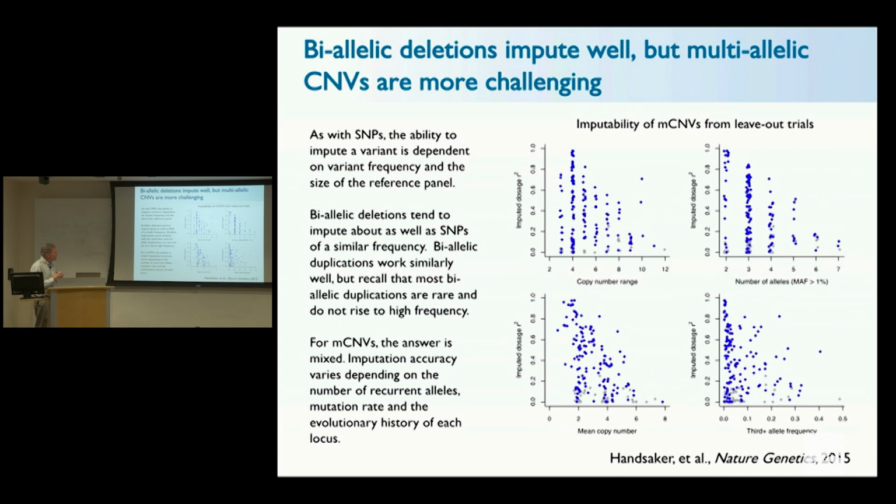For multi-allelic CNVs, the imputation results are actually a lot more mixed. It really depends on how many recurrent alleles there are, how multi-allelic it is. As something becomes multi-allelic, one way you can think about it is that there's many different alleles, each of relatively low frequency. So those alleles tend not to impute as well.